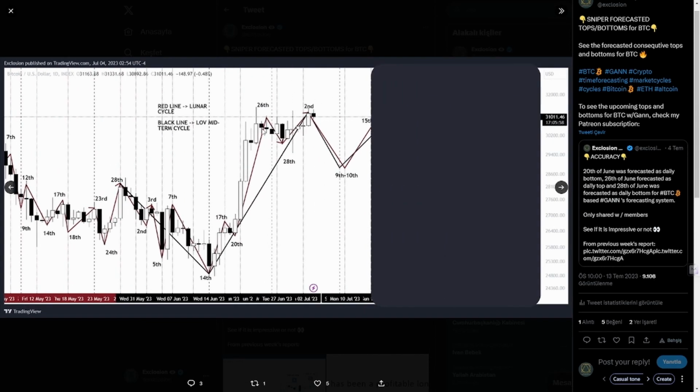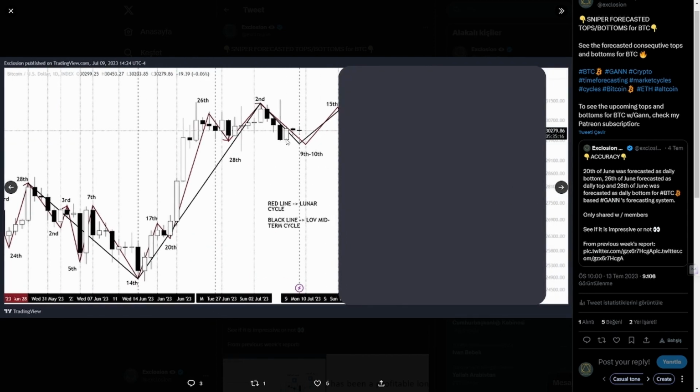You can see it. 1 day deviation is always considerable, and it's called an orb. For example, here I forecasted 2nd of July, then updated my group as this is the top. You can see the published date of the chart, 4th of July here. Then members went short to make money.